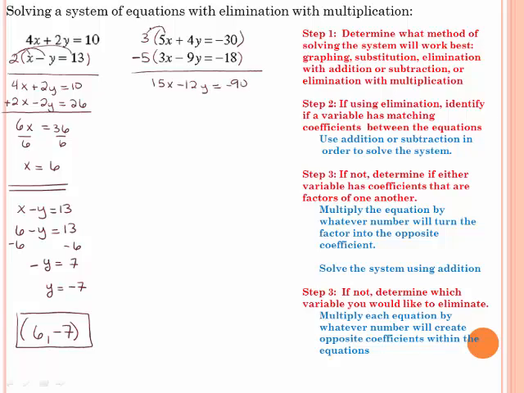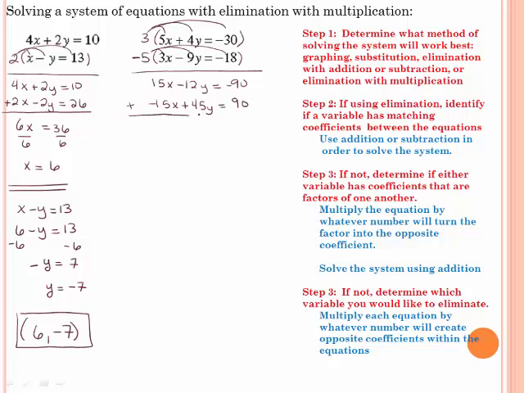I got that by multiplying everything by 3. And then when I multiply everything by negative 5, I'm going to get negative 15x plus 45y, positive because I'm in negative times a negative, is equal to, and then I have 5 times 18, and it's a negative times a negative, so that's going to give me a positive 90.